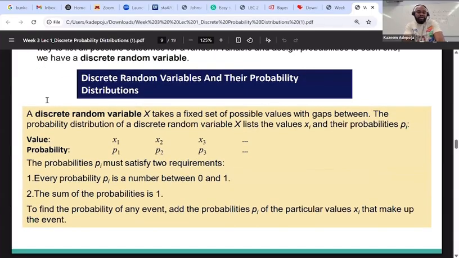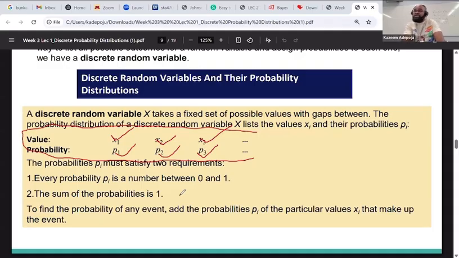Generally a table is going to come in this form, where we're going to have some values for the random variable, and they're all going to have their corresponding probability. And of course, the probability has to be between 0 and 1. And not only that, the sum of probability has to be equal to 1.